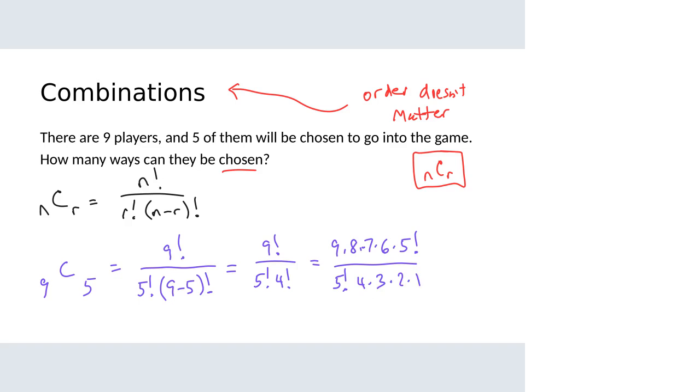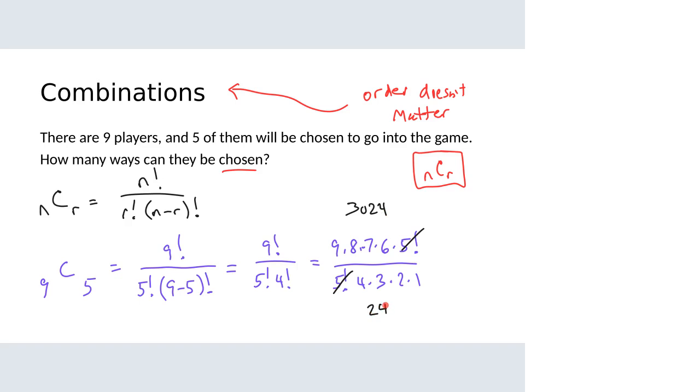And now I can finish this up. I can cancel those 5 factorials, leaving me with 9 times 8 times 7 times 6, or 3024 in the numerator. And I have 4 times 3 times 2 times 1, or 24 in the denominator.